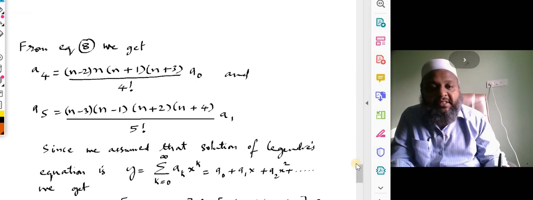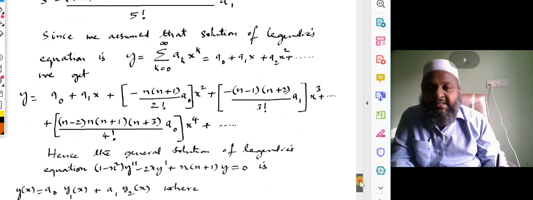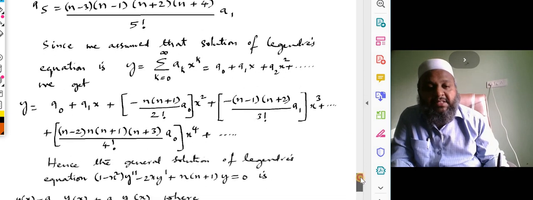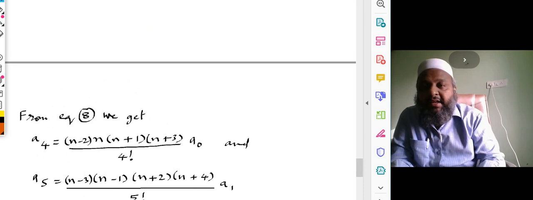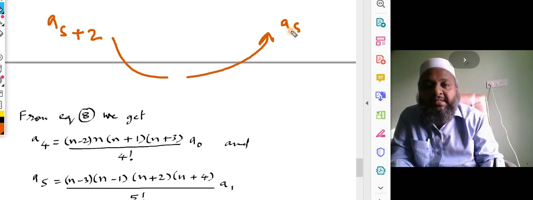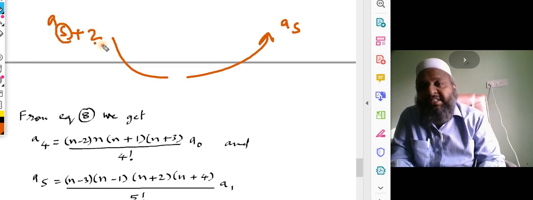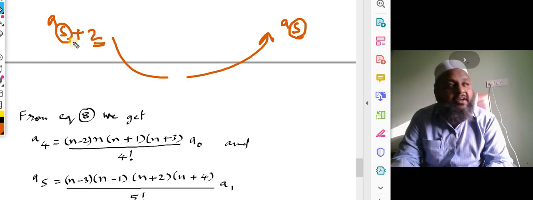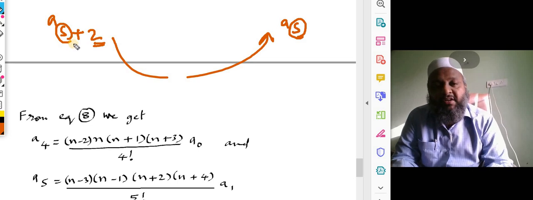So if you continue in that way, what happens is you will be getting that a s plus 2, in general, will come in terms of a s. So 2 units difference will be there. Okay, so a5 depends on a3, a3 depends on a1, a4 depends on a2, a2 depends on a0.